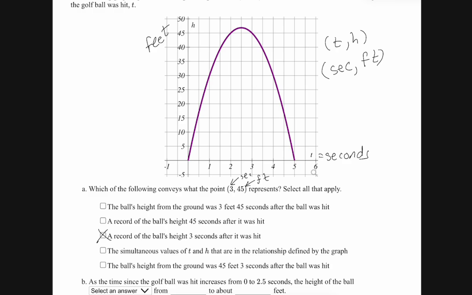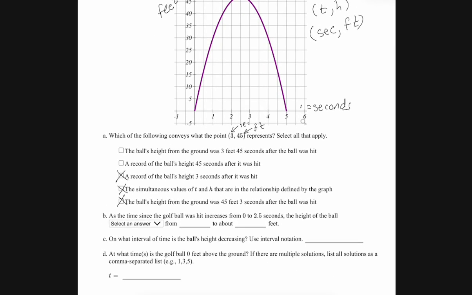And it was the simultaneous values of t and h that are in the relationship defined by the graph. And this last one for me, the ball's height from the ground was 45 feet 3 seconds after the ball was hit. So just make sure that the 3 is representing seconds and the 45 is representing feet, or whatever your point pair was. The first number are your seconds, the second number are your feet.